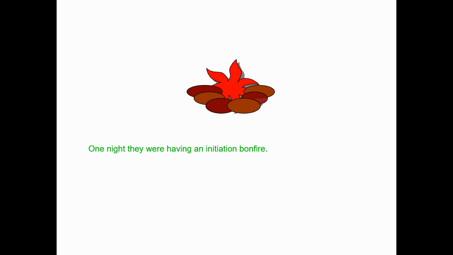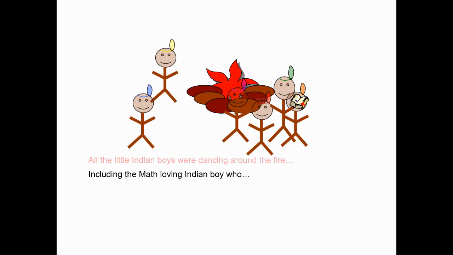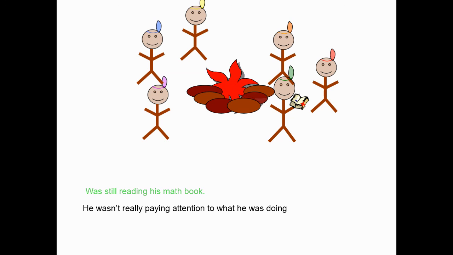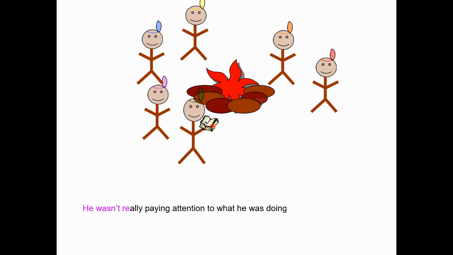One night they were having an initiation bonfire, and all the little Indian boys were dancing around the fire. There they go. Including the math-loving Indian boy who was still reading his math book. He wasn't really paying attention to what he was doing.